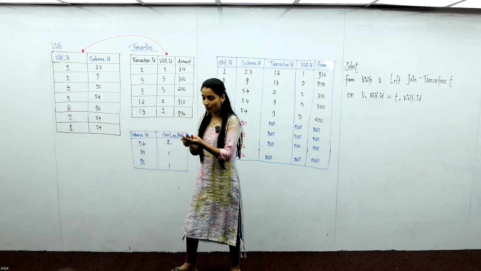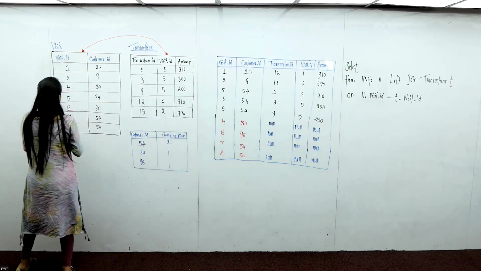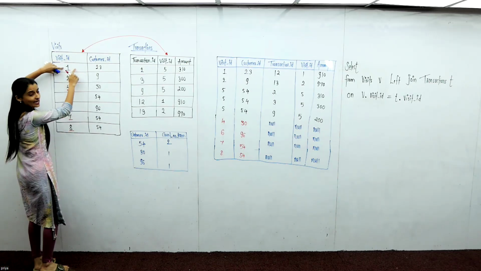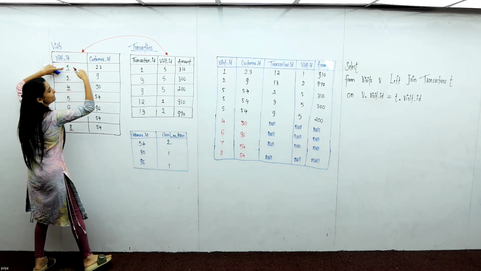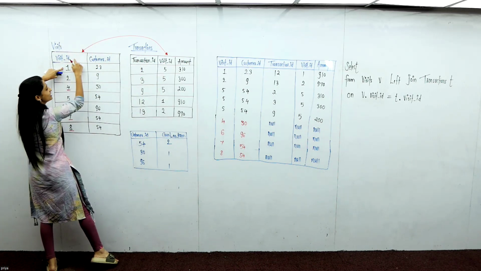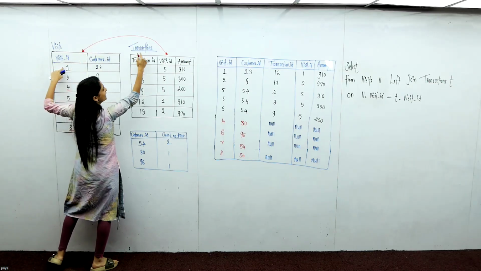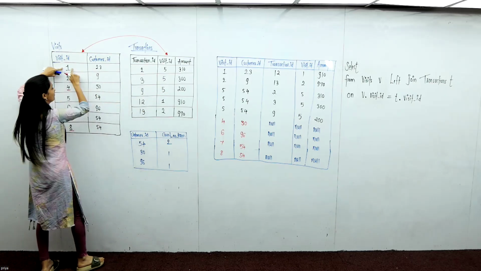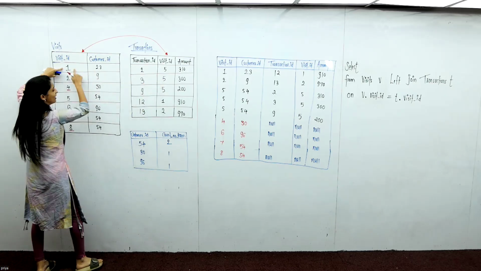So let's start performing our join. See here, this is the visit ID. One by one we will check. The first visit ID is 1. Is 1 matching with 5? No. Is 1 matching with 5? No. Is 1 matching with 5?